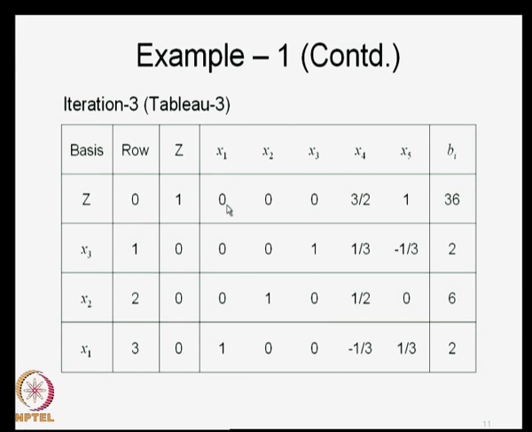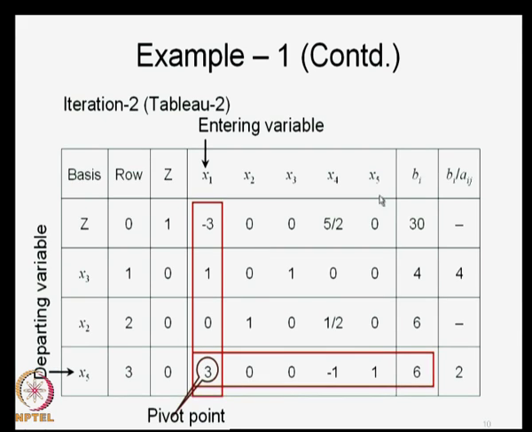After that, each of these other numbers you start calculating by using the formula that we have used. Let us say you want to convert this number 30: 30 minus 3 into 6 divided by 3. So, that will become 36. 4 minus 1 into 6 divided by 3, which is 2.